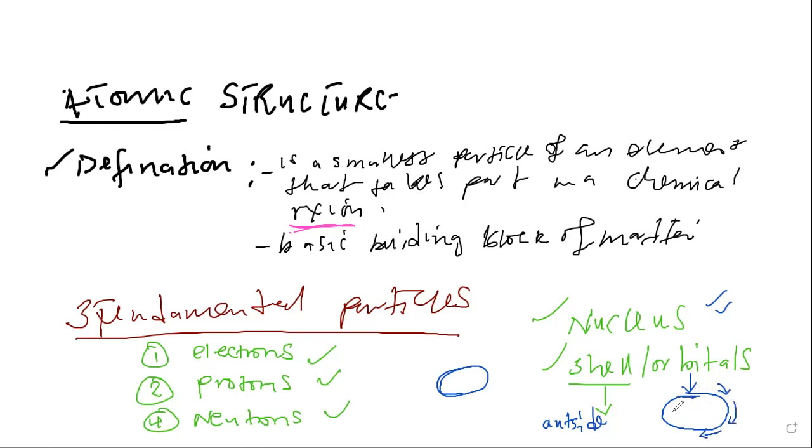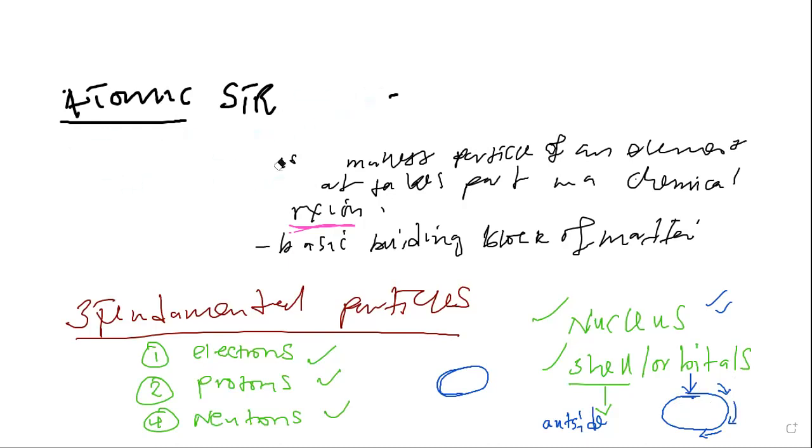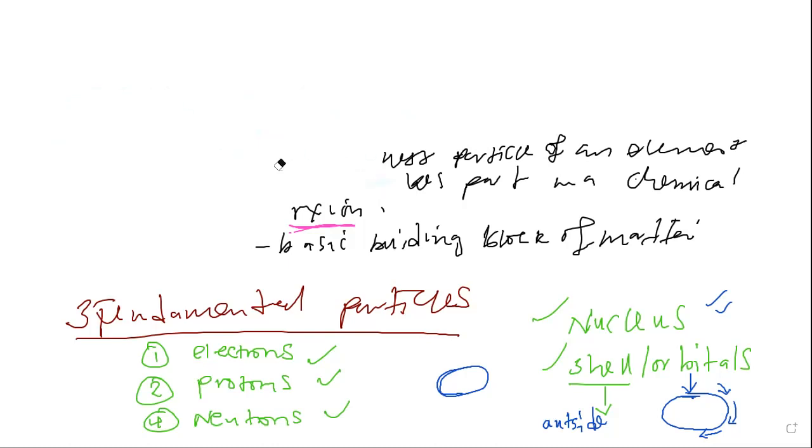So we have two places, the nucleus and the shell. Let's look at the positions of which these atoms, this atom arranges itself.